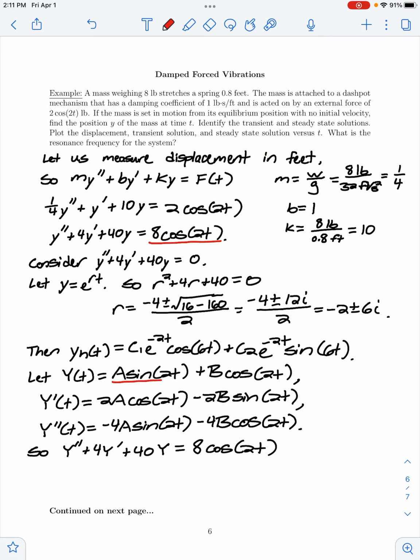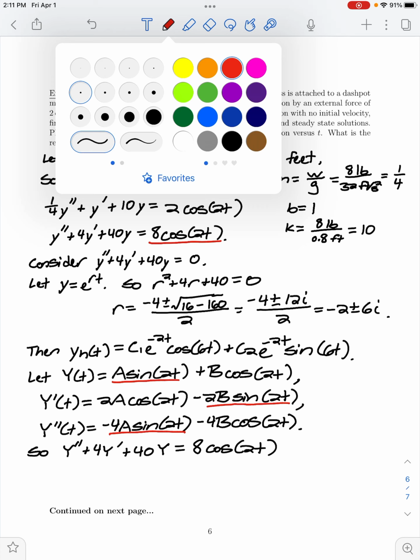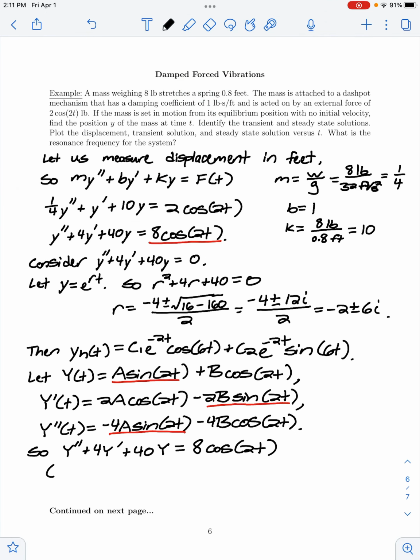So let me look at what I have if I group all of the sine of 2t terms together. When I have y double prime plus 40 times y, that gives me a 36a times sine of 2t. And then for the 4y prime term, I have a -8b sine of 2t.